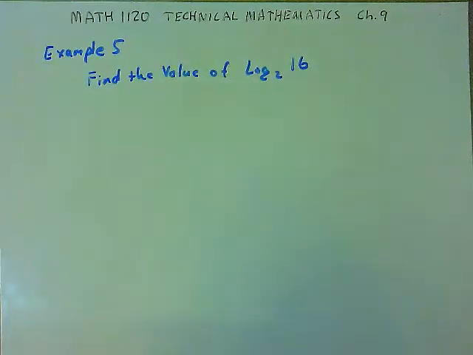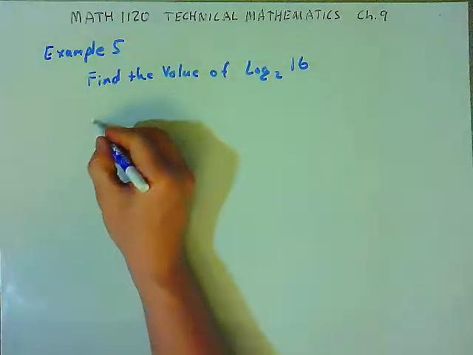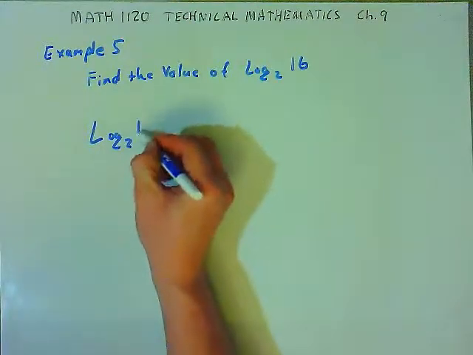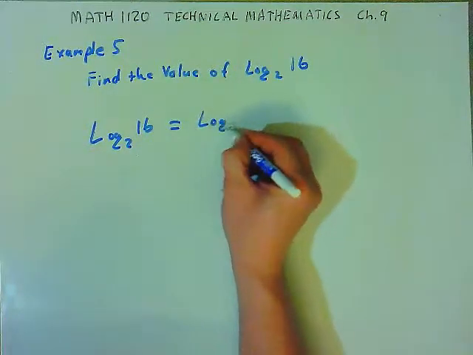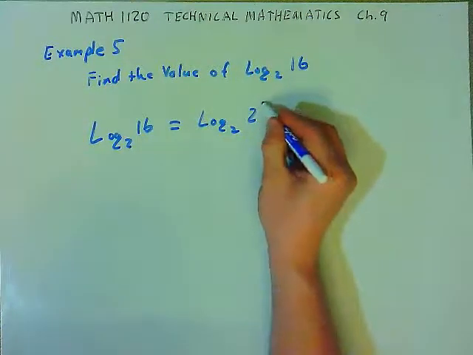So let's look at some examples where we apply those last two properties. The first one is example 5. It says find the value of log base 2 of 16. And so log base 2 of 16, we can simplify this by saying that 16 is 2 to the 4th power.